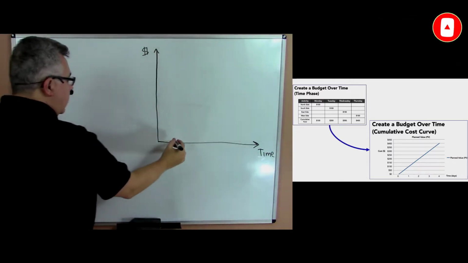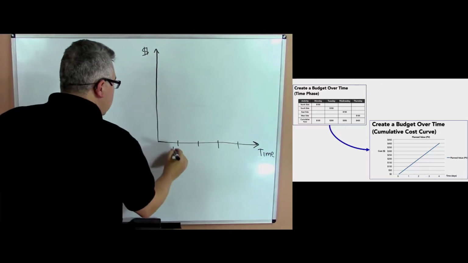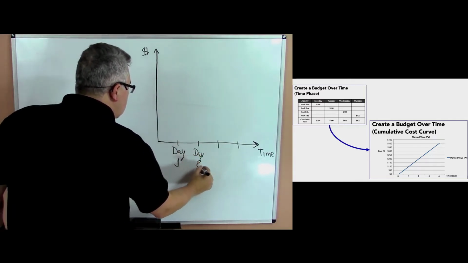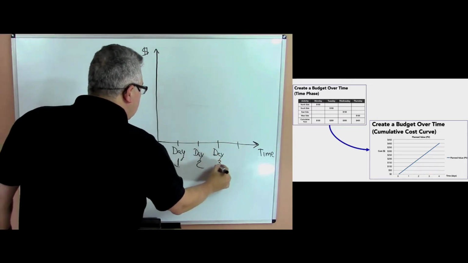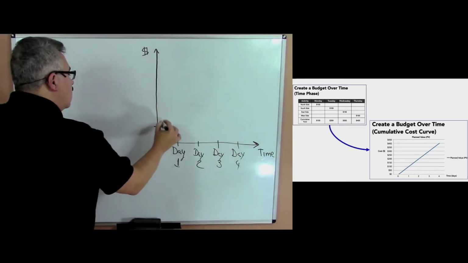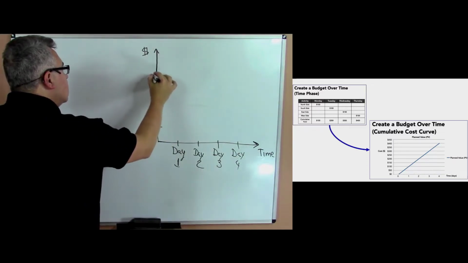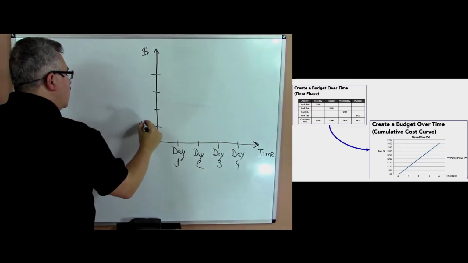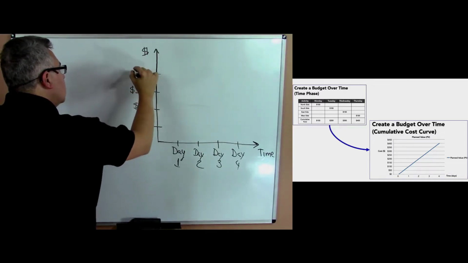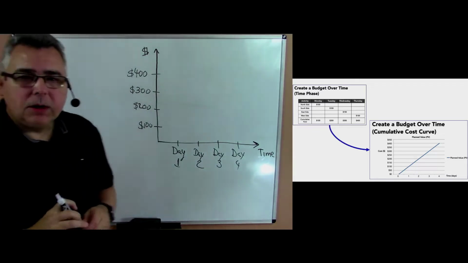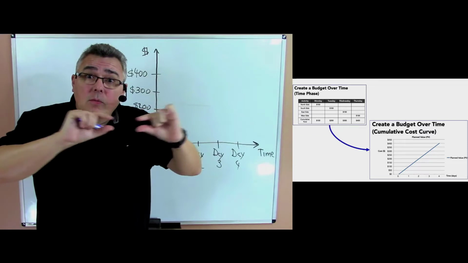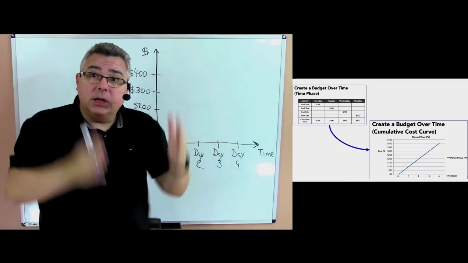Here we have 4 days: day 1, day 2, day 3, day 4, and we have the budget. We start with $100, $200, $300, $400. In that budget, we can draw the time phase budget here. The cumulative time phase budget. That's per day, all the tasks.